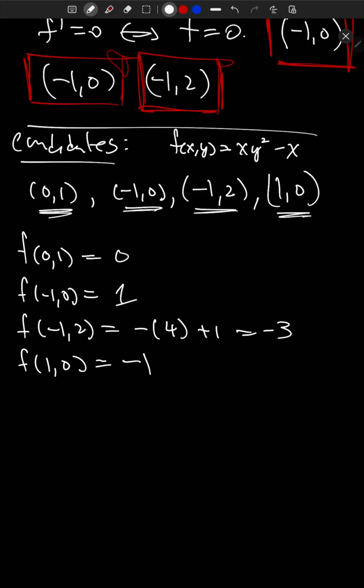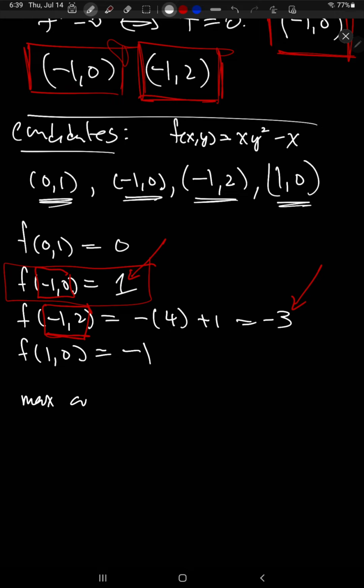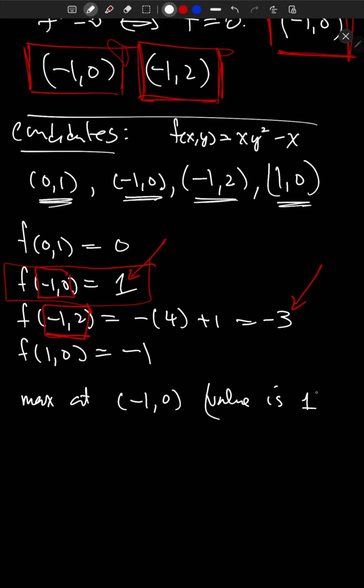All right. And so what is the biggest value my function achieves in this triangular region? It's going to be 1 is going to be the biggest value, and it's achieved at minus 1 comma 0. The smallest value I achieve is minus 3, and that's going to happen when I put in the inputs minus 1 comma 2. So max at minus 1 comma 0, value is 1, and min at minus 1 comma 2, value is negative 3.